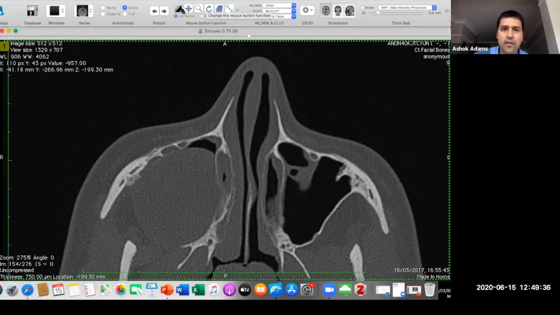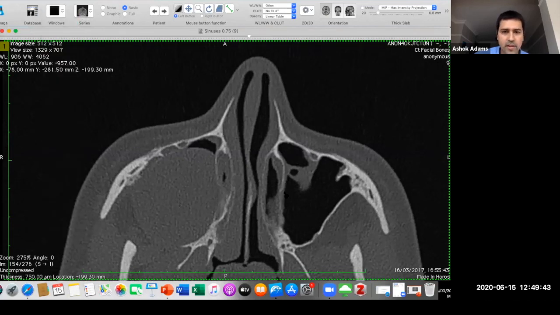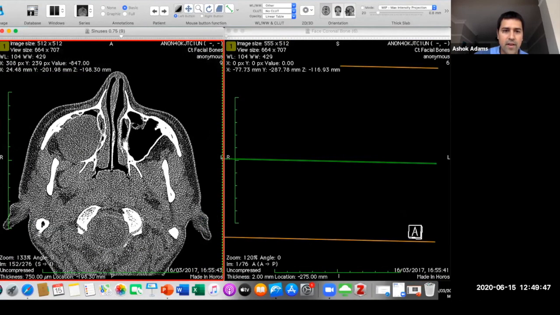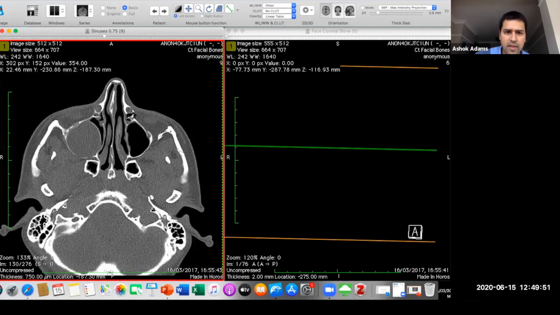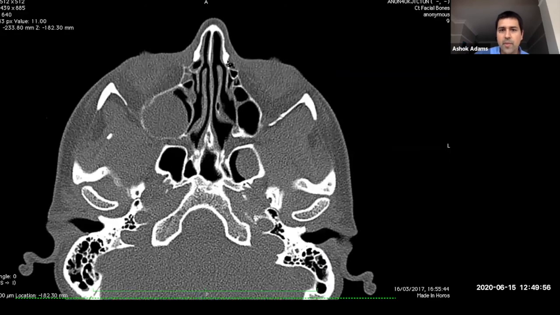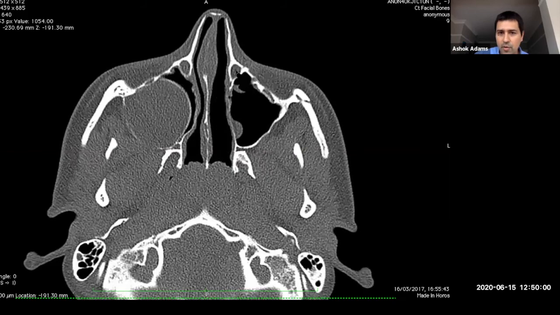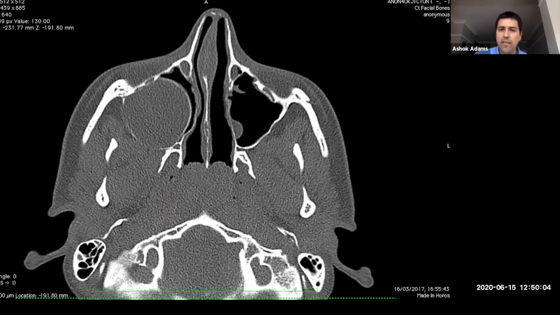Let me split the screen for you. On a coronal view, you'll see it nicely, and sometimes it'll be partially filled with tears, so you get a lot of variation in terms of whether it's opacified. There you can see the nasolacrimal duct, and a little bit of aeration. Sometimes it's full of tears, and as you know, it will creep down and open up into that inferior meatus. So what pathological states do we have?